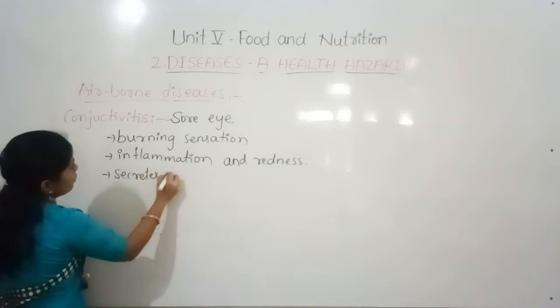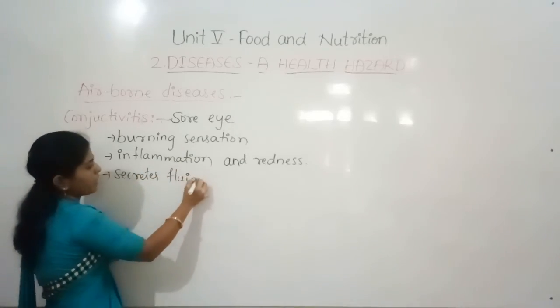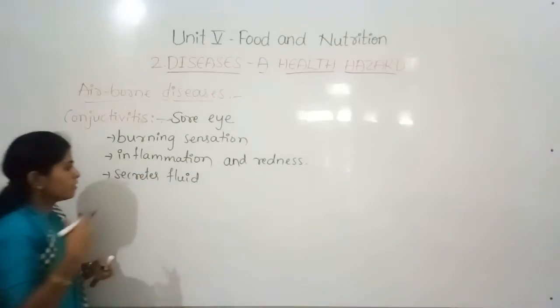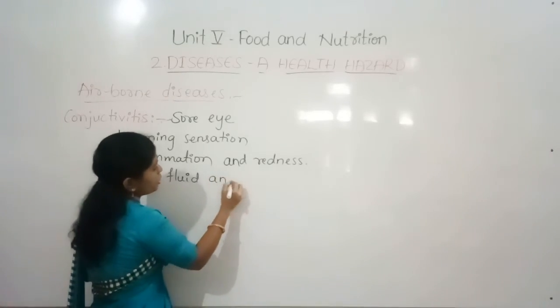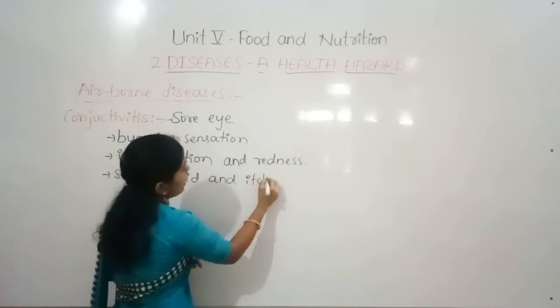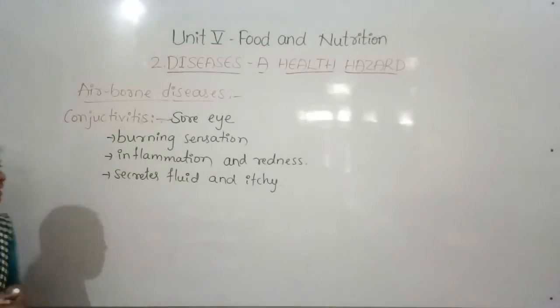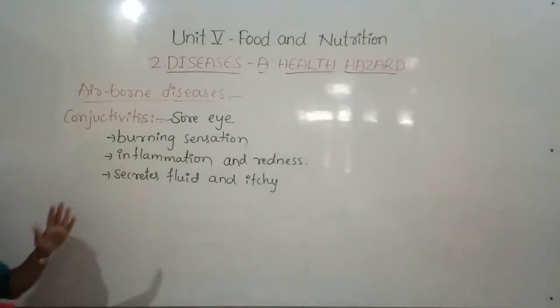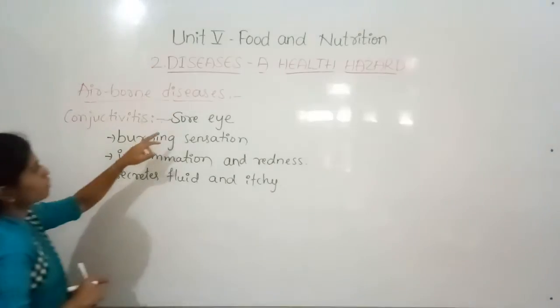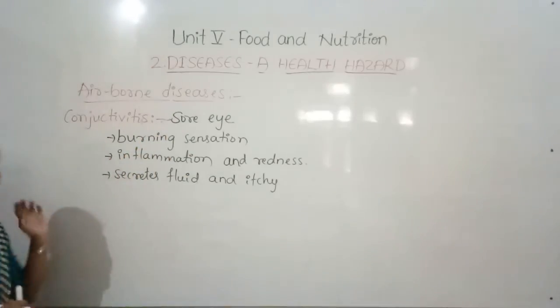Fluid will be secreted continuously and itchy. So these are some of the symptoms of conjunctivitis, and it lasts for 3 to 4 days, and it is also called sore eye.